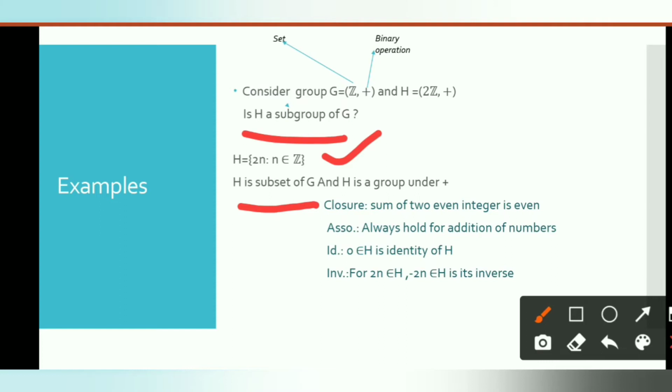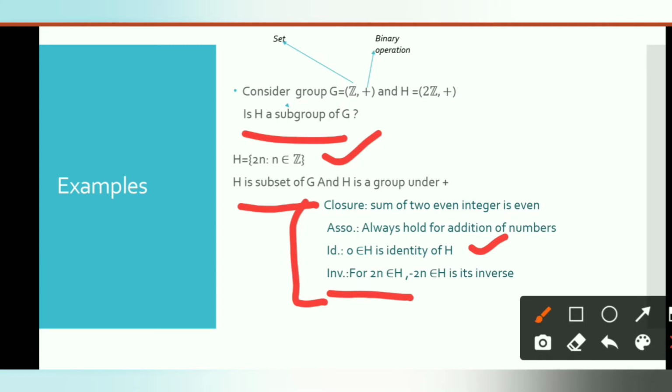They are from the set Z, and all these four properties for H do hold, like the closure, because the sum of two even integers is even, and associative will always hold for addition of integers or numbers.